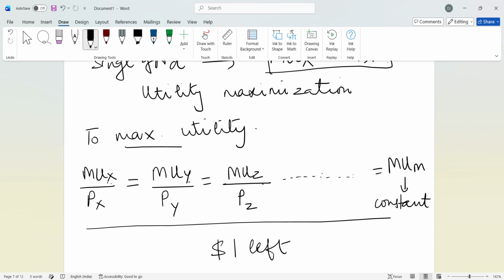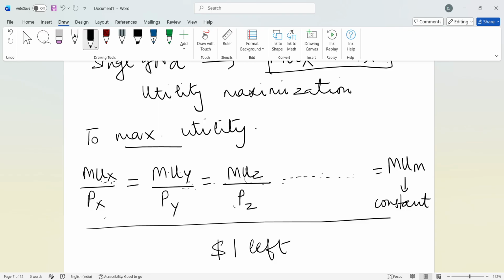This in turn means that the per dollar marginal utility derived from good X is equal to the per dollar marginal utility derived from good Y, and that is equal for all the n goods I have consumed.